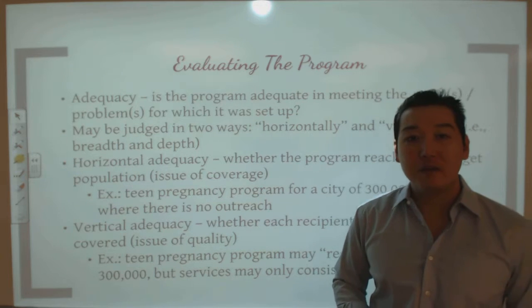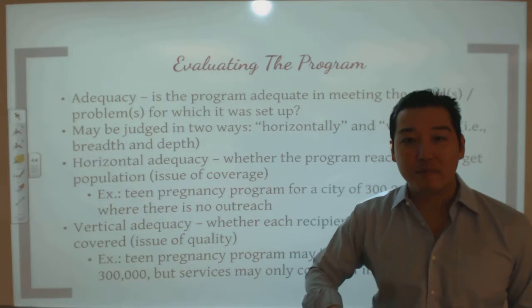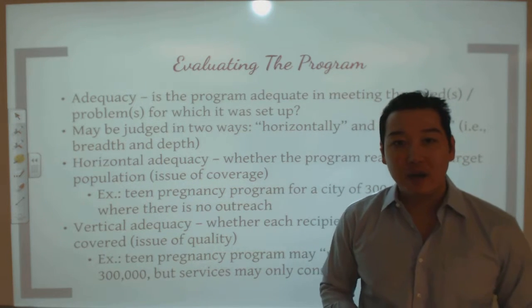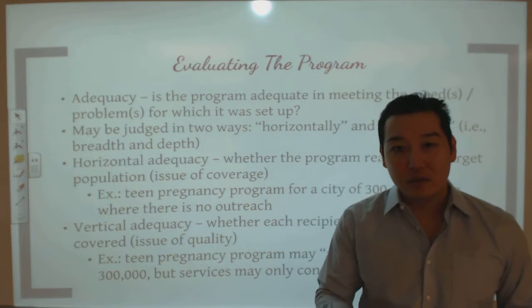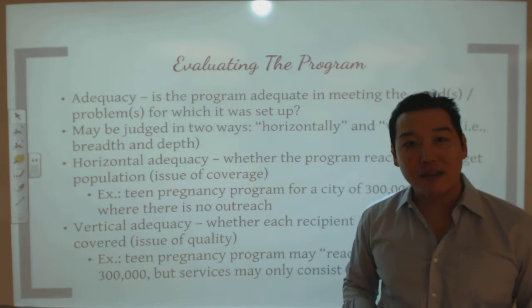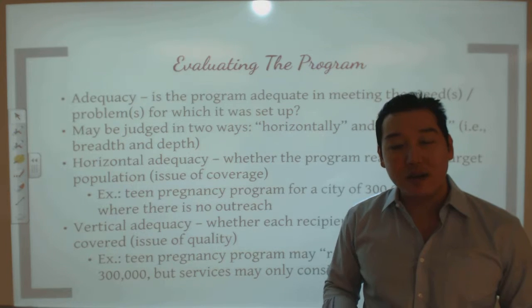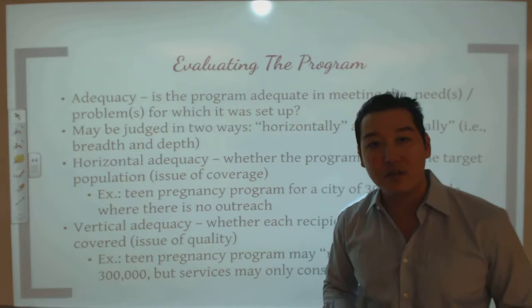And then finally, you'll want to say something in terms of the adequacy of your program. This project is not an exercise in evaluating or analyzing very deeply your chosen policy or program, but you'll want to note something about its adequacy. There are two different dimensions here, horizontal adequacy and vertical adequacy, that Professor Dolgoff notes in your reading.